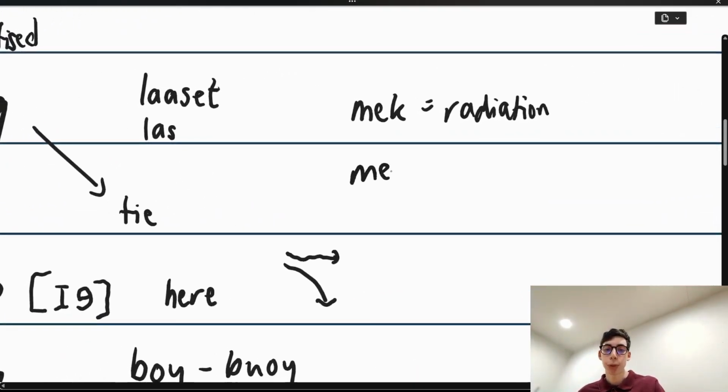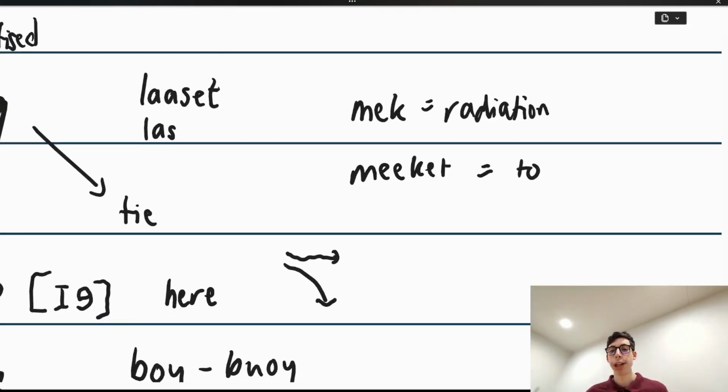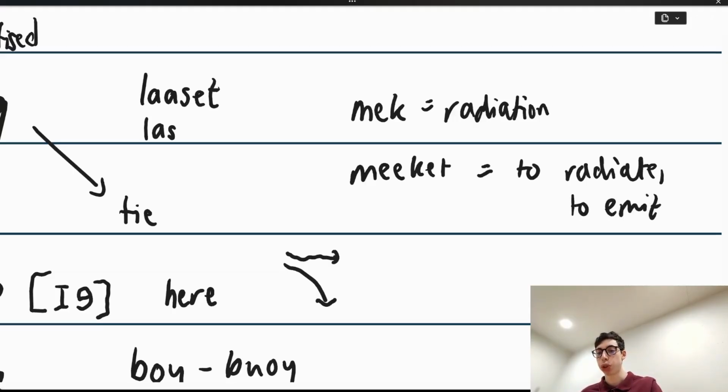And this comes from the verb meket, which is to radiate or to emit. This probably isn't useful vocab, it's just the one that was on the top of my head because it's the word of the day when I'm doing this live.